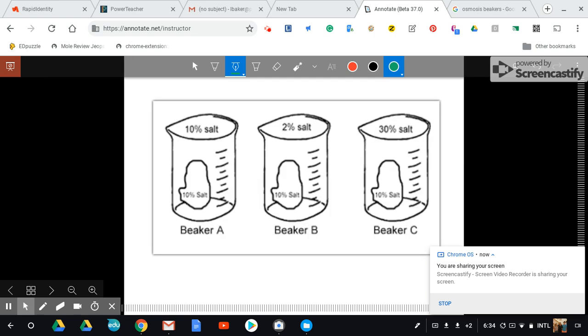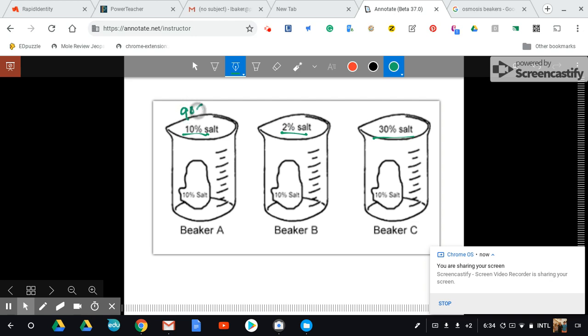So our next picture, I've got 3 beakers, and I've got different pieces of, let's just call it potato, inside of the beakers. Right now, this beaker has 10% salt. This has 2% salt. This has 30% salt. Just to make it easy on you, go ahead and write the amount of water, because remember that always equals 100%.